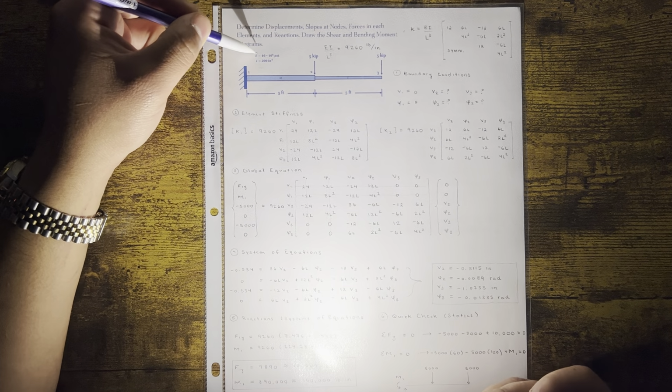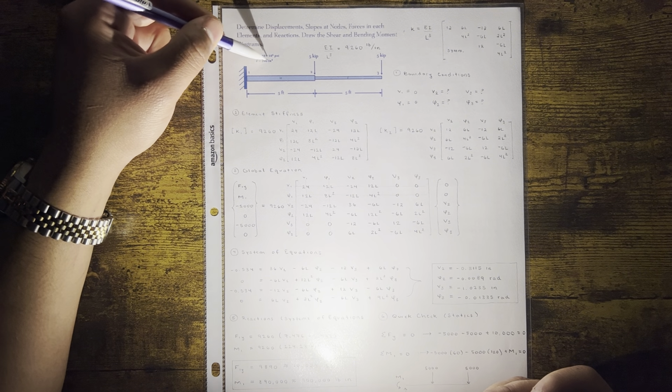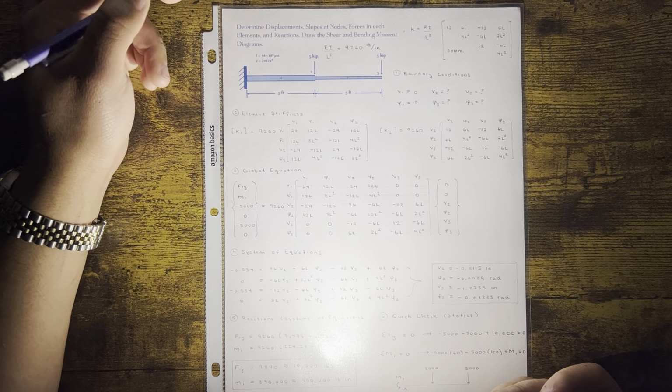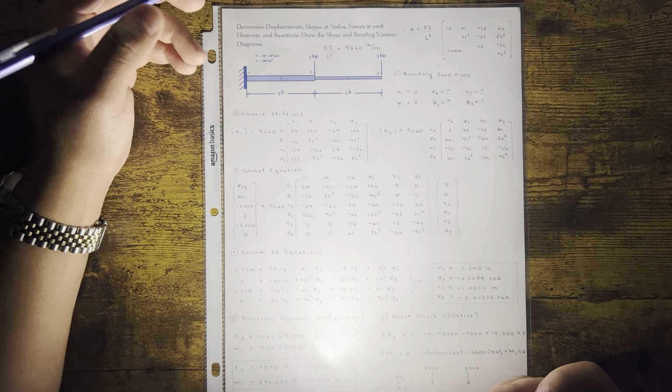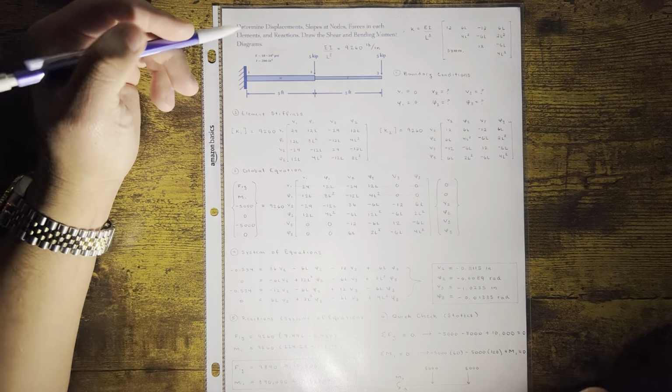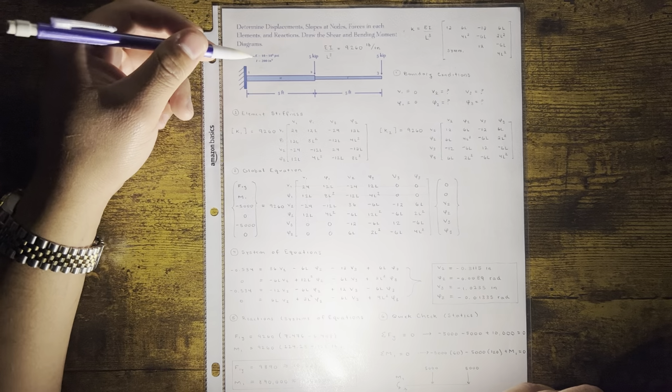At this point, they already chose a material, that's aluminum, 10 times 10 to the 6. They already chose a cross section because you know I. Doesn't necessarily mean it's an I beam. It could be a circular beam, a T-shaped beam, a Z-shape, a stiffener. Who knows, right?